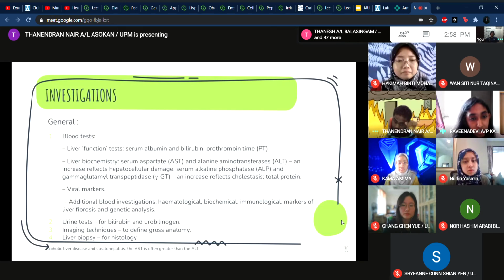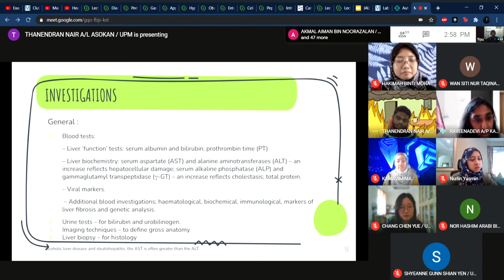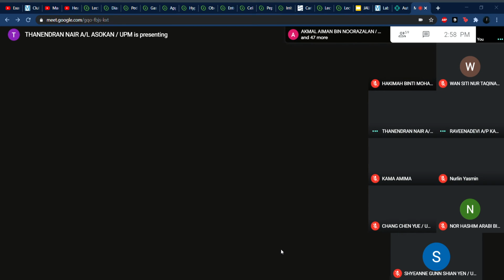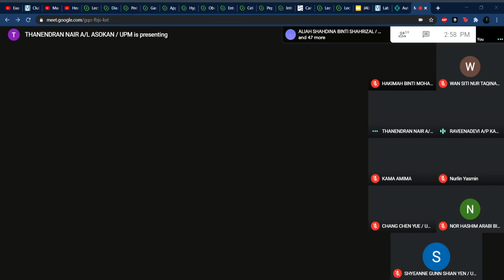For the urine test, you can look for the levels of bilirubin and urobilinogen in the patient's urine. Other than that, you can also do imaging techniques to define the gross anatomy of the liver mainly. And then lastly, liver biopsy. Liver biopsy is usually done in extreme cases like cirrhosis, to study the histology of the liver.